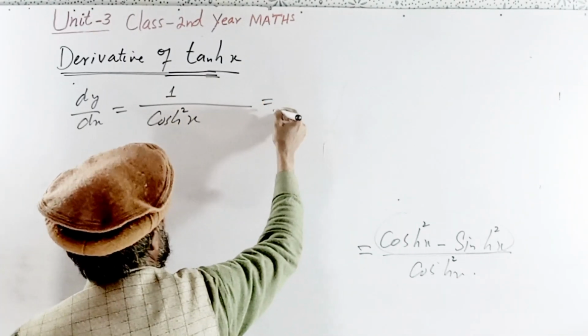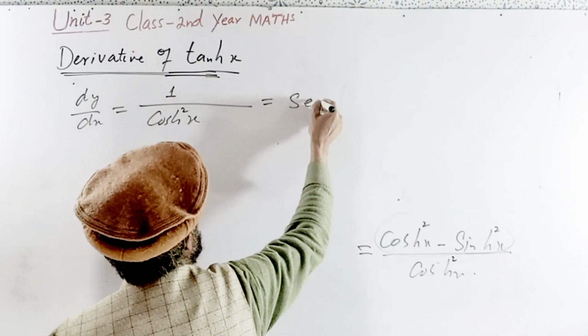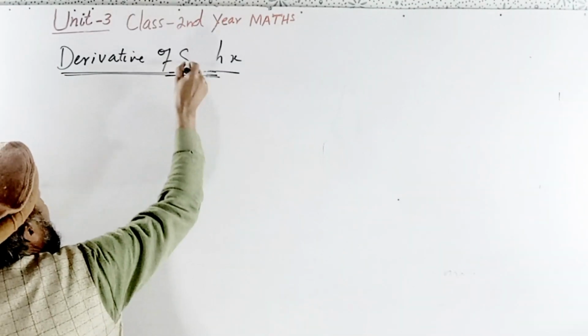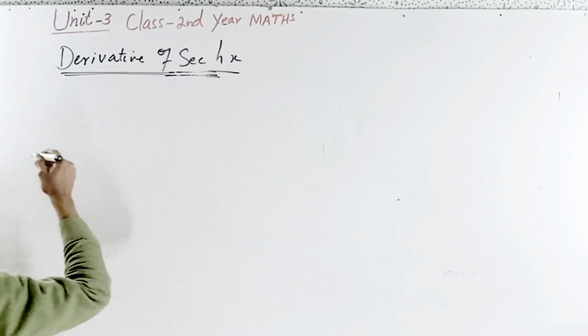And 1 over cos hyperbolic square is equal to secant hyperbolic square x.